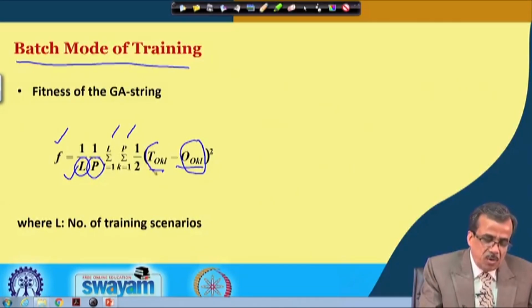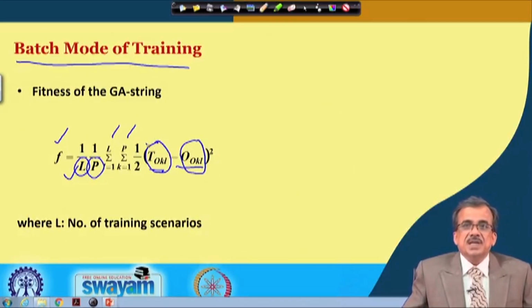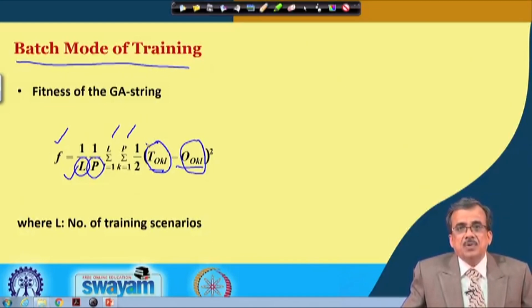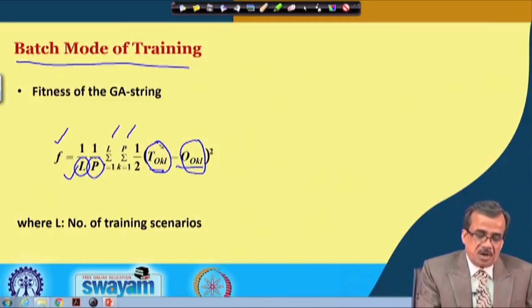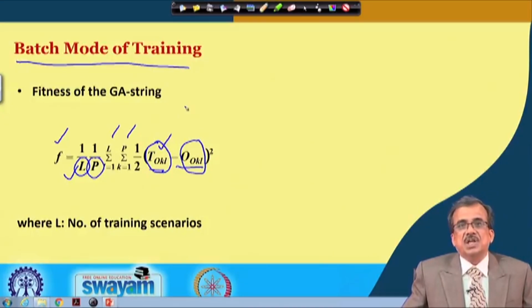Similarly, T_okl is the target output of the kth neuron lying on the output layer corresponding to the lth training scenario.